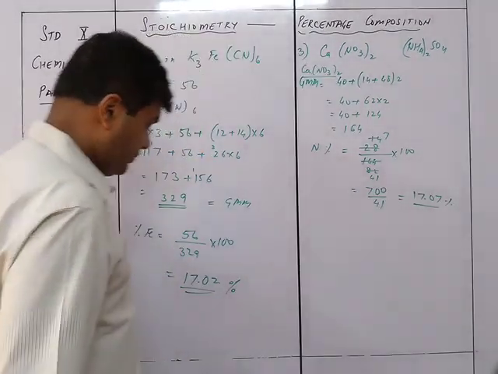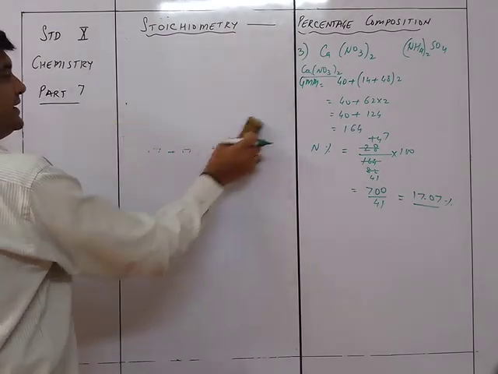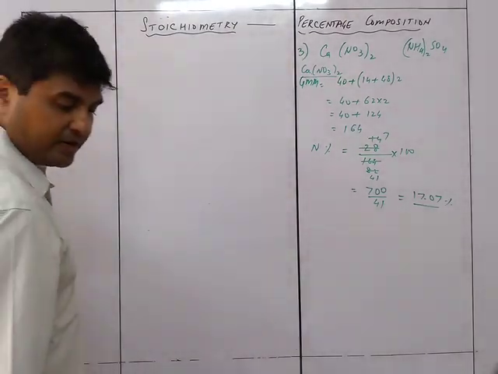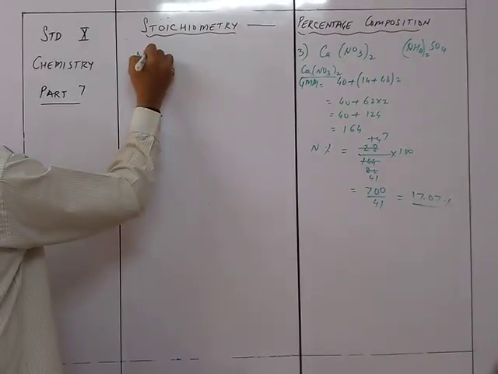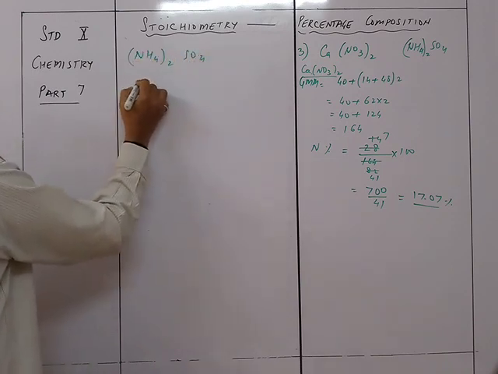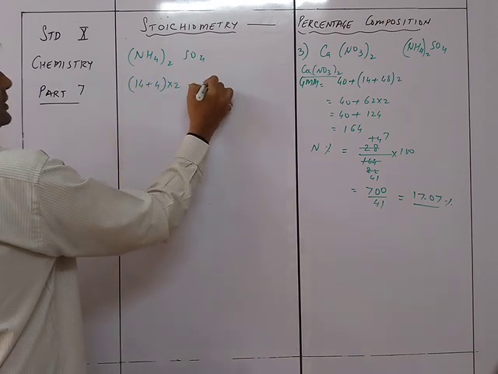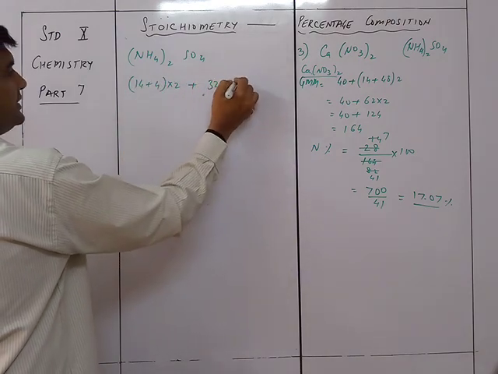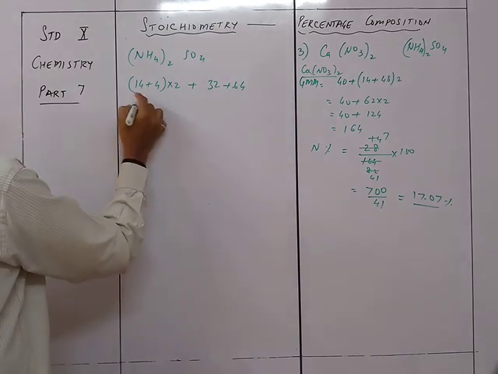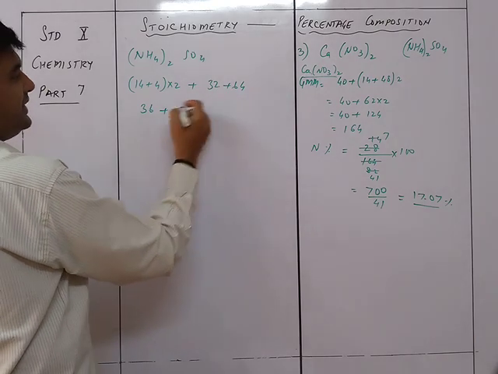Now in the same case you have got to see about NH4 twice SO4. We find out the percentage of nitrogen in NH4 twice SO4. So N is 14, plus 4 into 2, plus 32, plus 64. So that is 18 into 2 is 36, plus this is 96.